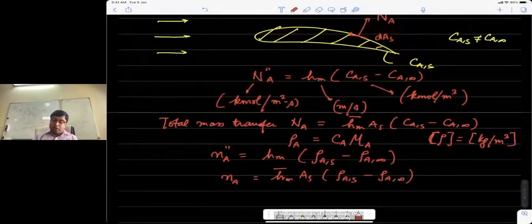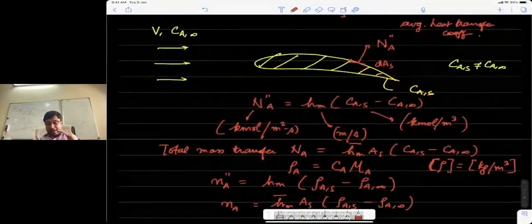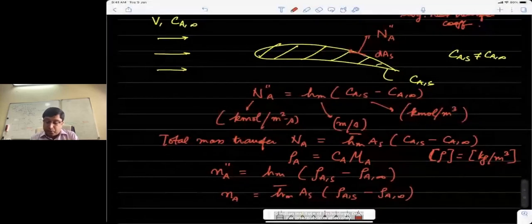So what we will assume is that at the interface between the liquid and the gas passing over, which is this gas with velocity v, the gas and this substance A reach a thermodynamic equilibrium at the surface. So the concentration of the species A at that location will be governed by the temperature at that position.